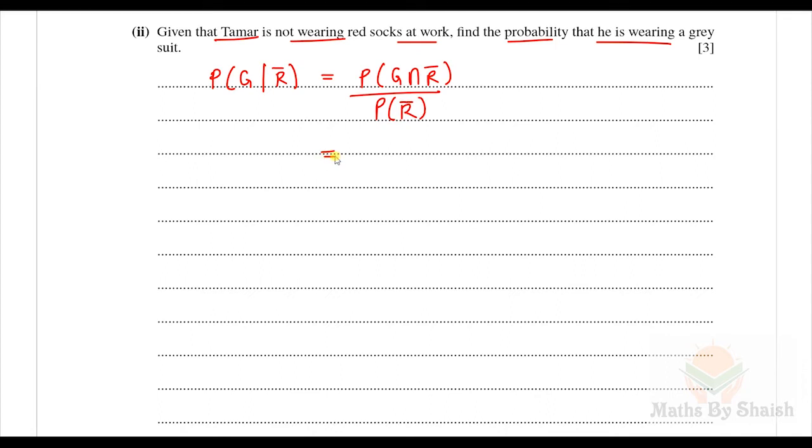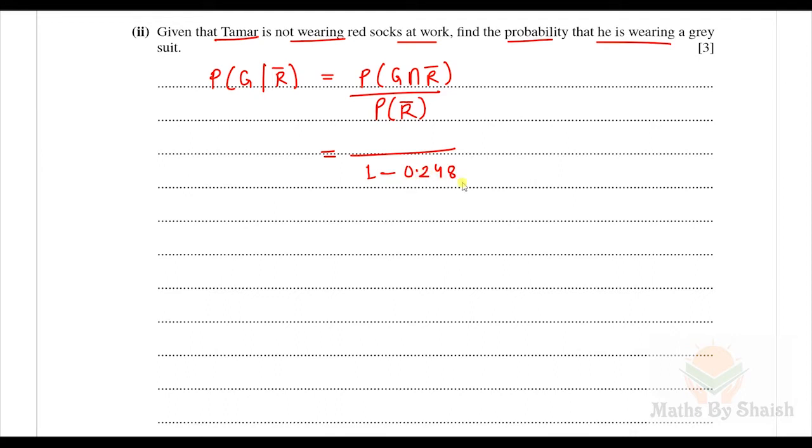We know the denominator, we can get it from the previous part easily, because in the first part we calculated the probability that he wears red socks. So the probability of not red socks is 1 minus 0.248.